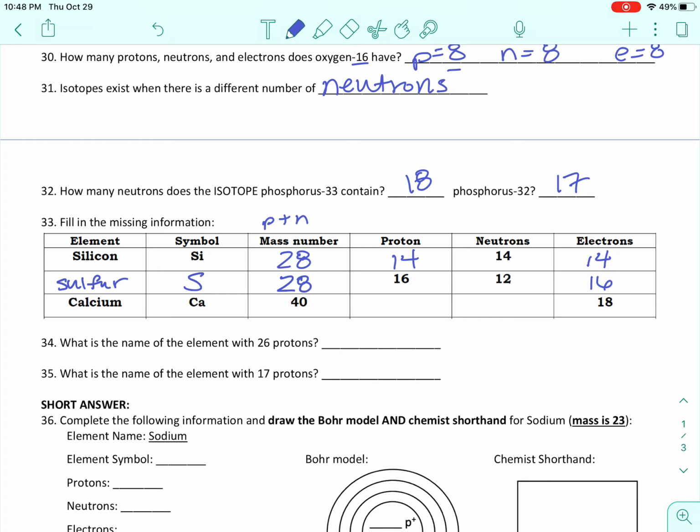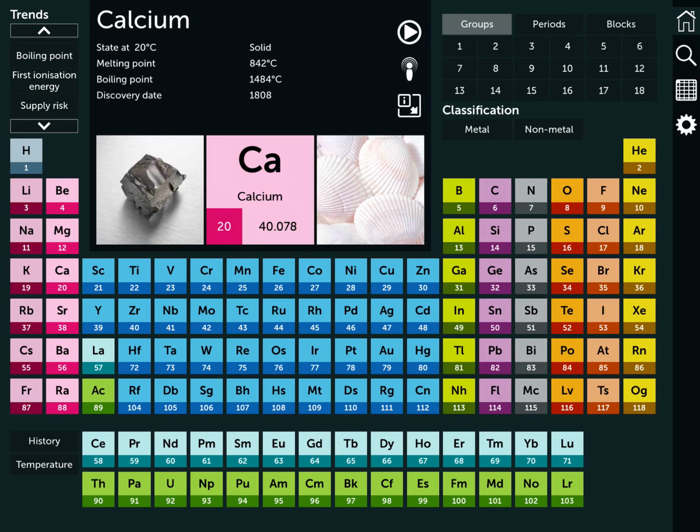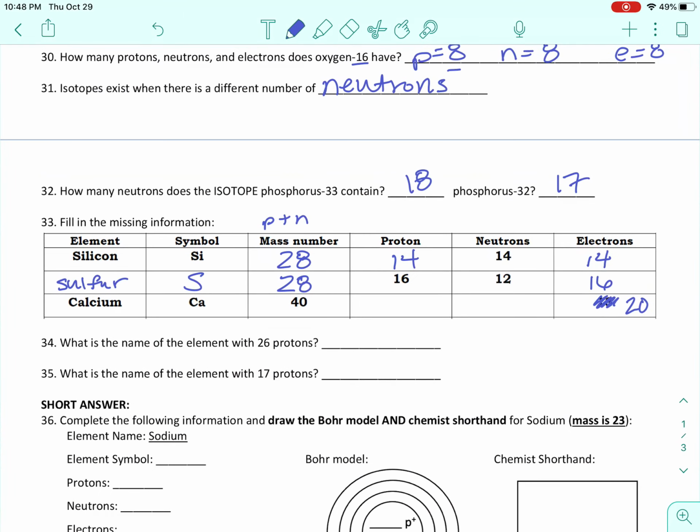Okay, calcium, mass is 40. Electrons are 18. Uh-oh. For it to be neutral, it needs 20 electrons, because if we look up the atomic number for calcium, calcium has an atomic number of 20. So that's my mistake there. Remember I said electrons are the same for now.